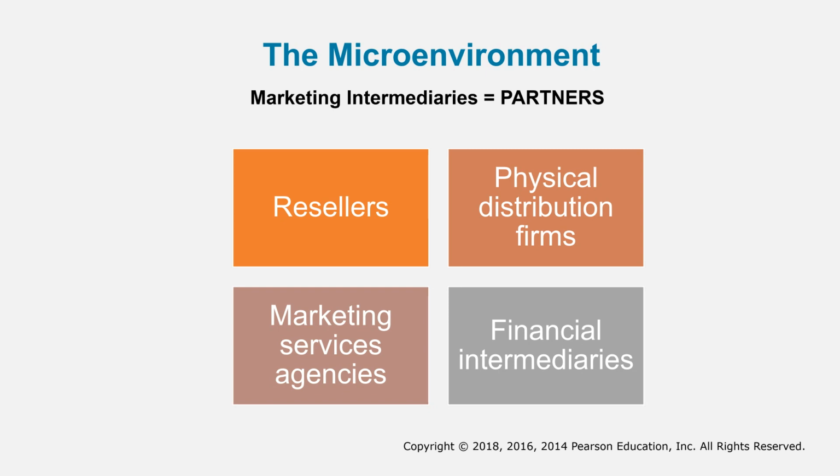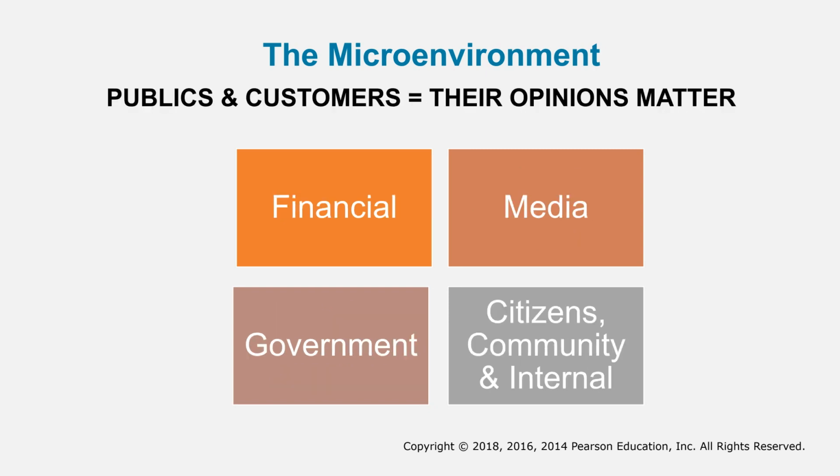So you have to always be working with the physical distribution firms and locations, marketing servicing agencies, and the media and financial intermediaries, because a lot of times, marketers are also working with banks and other financial companies because they have advertising or they're promoting, like a Bank of Hawaii might have a golf outing. So marketing would be a promoter of that golf outing, for example. So again, it's all very intertwined, especially here in Hawaii.